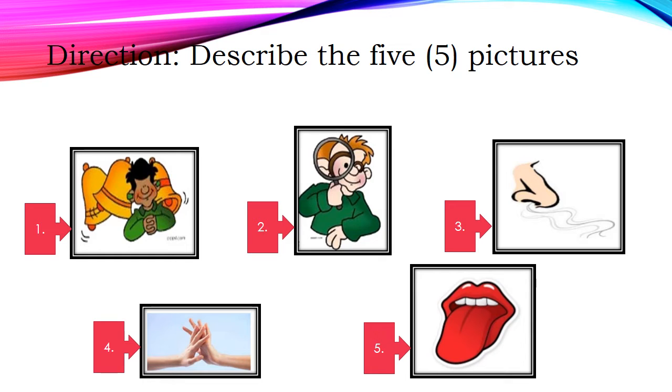For number 3, we can see that there is a nose that is trying to smell something. For number 4, we can see that there are 2 hands touching each other. And for number 5, we can see that there is a tongue out of its mouth that is trying to taste something.